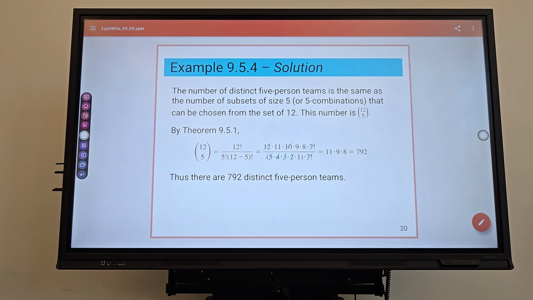The number is 12 choose 5. By Theorem 9.5.1, you get 12 factorial over 5 factorial times 12 minus 5 factorial. Do a lot of canceling out, do some multiplication, and you get 792 distinct 5-person teams.